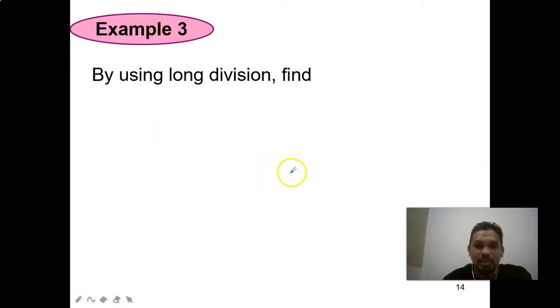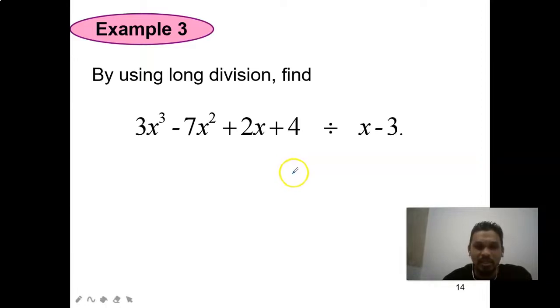Example 3, by using long division, find 3x cubed minus 7x squared plus 2x plus 4 divided by x minus 3.